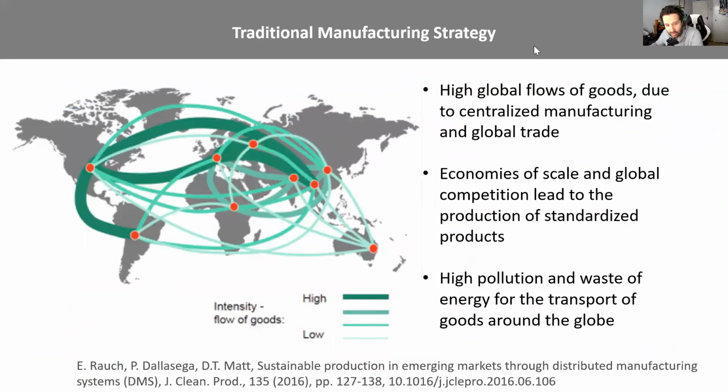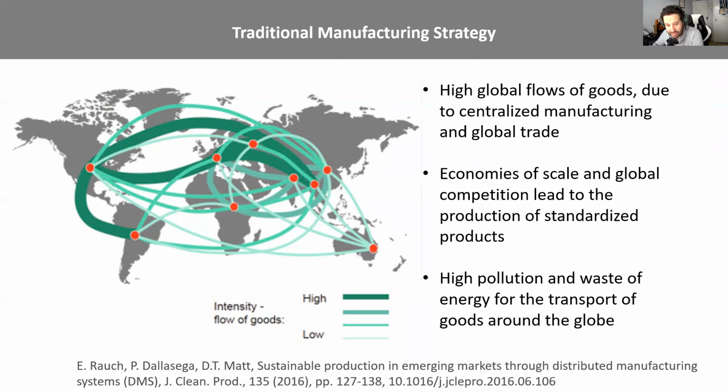As I'm sure you're all aware, traditional manufacturing strategies are highly distributed, with an awful lot of travel. Traditional manufacturing relies on high global flows of goods due to centralized manufacturing and global trade. So an awful lot of manufacturing in Asia with transfer to the rest of the developing world and the developed world.